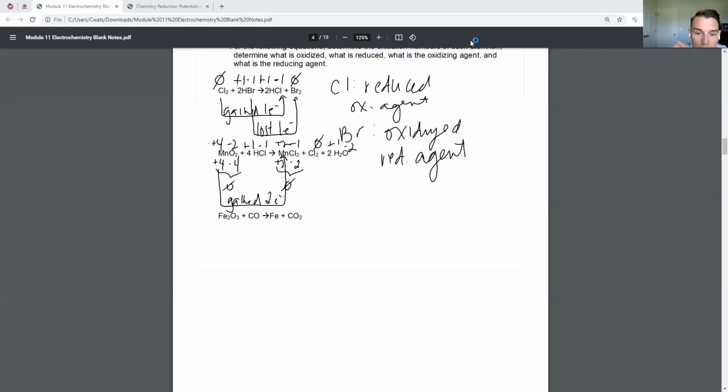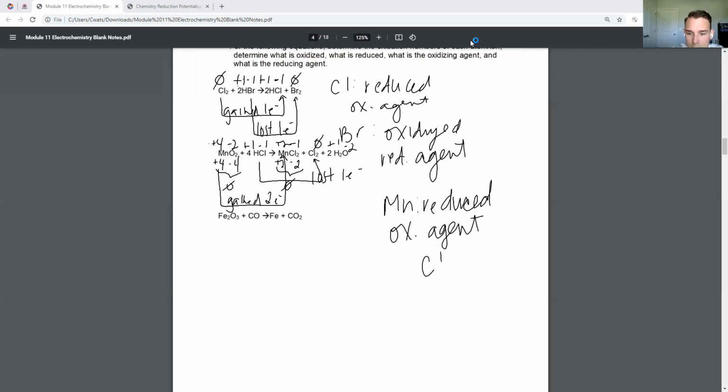And then the chlorine went from a -1 to a 0, so it lost 1 electron. So manganese was reduced because it gained electrons, which makes it the oxidizing agent. And the chlorine was oxidized, which makes it the reducing agent.